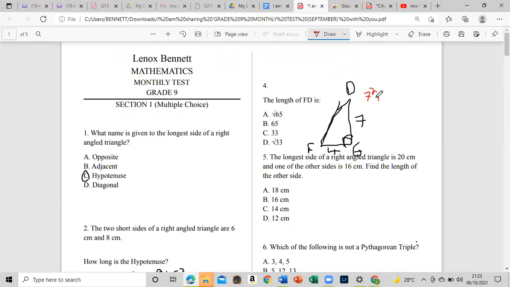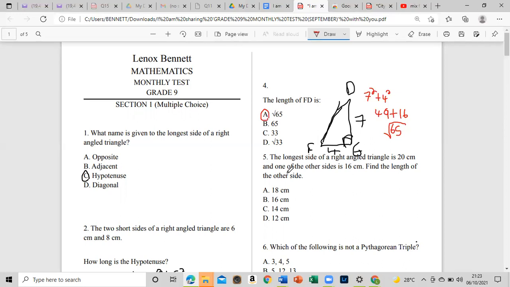Since it's the hypotenuse, we add plus 4 square, so that's 49 plus 16. Based on the options, we add, and it is the square root of 65. They didn't require us to work it out, so A would be our answer.